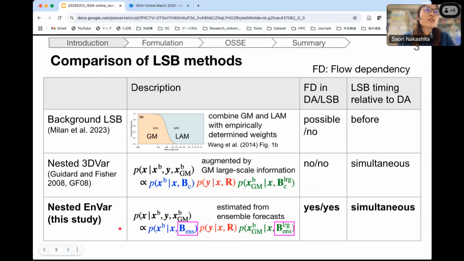In contrast, our proposed nested EnVar extends the nested 3DVar of GF8 to an ensemble variational framework, and both background error covariances are estimated from ensemble forecasts. Thus, the large-scale information of GM can be introduced simultaneously with analysis with a dynamically determined weight.